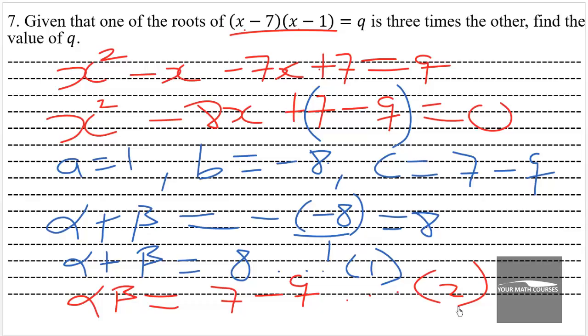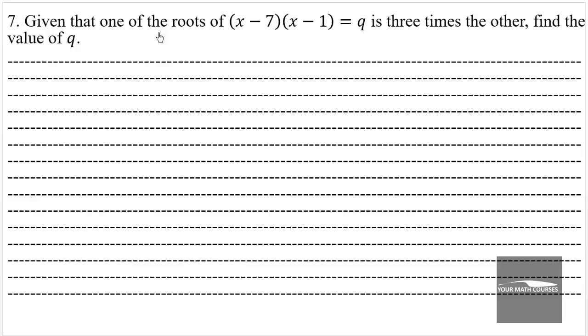Then we get a third equation from this statement: one root is three times the other. So the third equation will be alpha is equal to 3 beta. So we have equation 3.